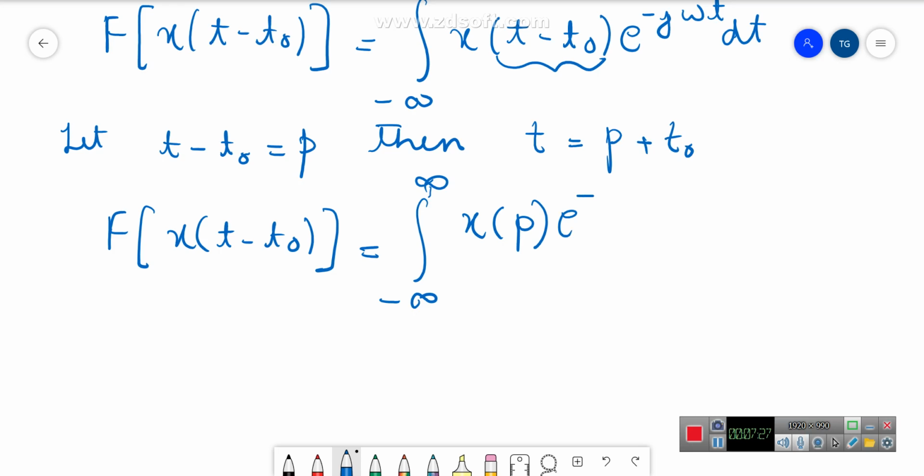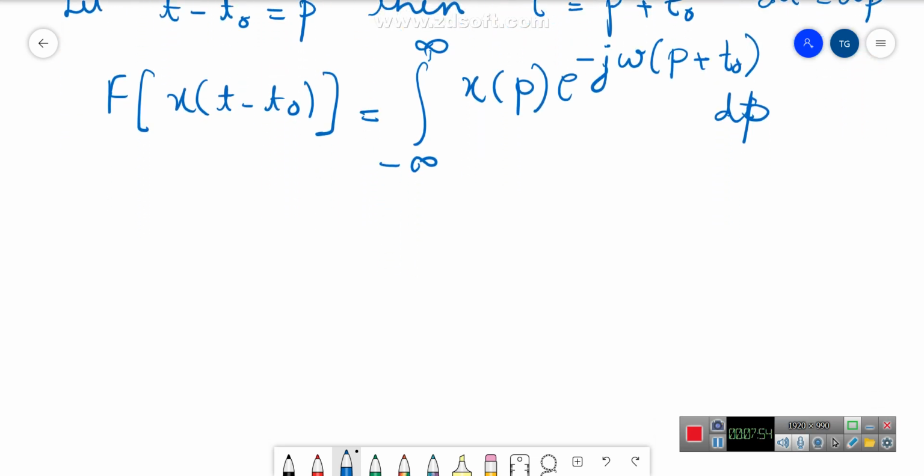It will be e to the power minus j omega into p plus t naught, and here it will be dp, because when we differentiate this, dt is equal to dp. So we have to change the variable here also.